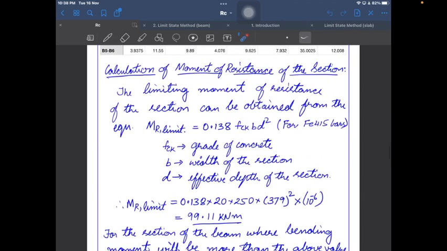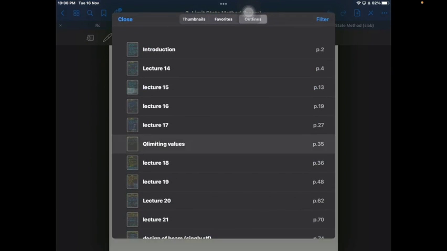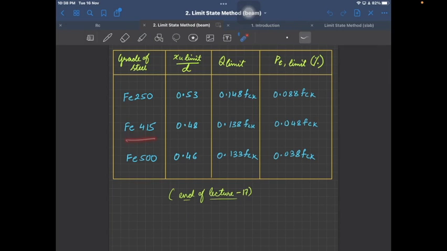Now we have the calculation of the moment of resistance of the section. The limiting moment of resistance of the section can be obtained from the equation 0.138 fck bd squared. This is for Fe415 bars. For Fe415 we have 0.138 fck bd squared, for Fe250 we have 0.148 fck bd squared, and for Fe500 we have 0.133.